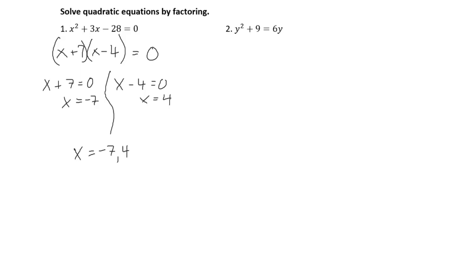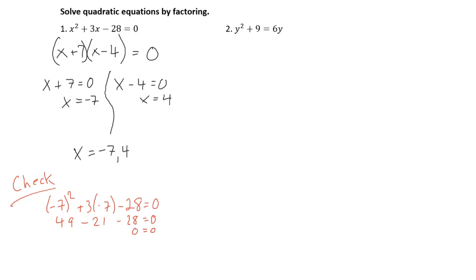Now we can always go and check, because this is a solution, and we can make sure that the left side equals the right side. So when we go to check, negative 7 squared plus 3 times negative 7 minus 28 should equal 0. 49 minus 21 minus 28 needs to equal 0. 0 does equal 0.